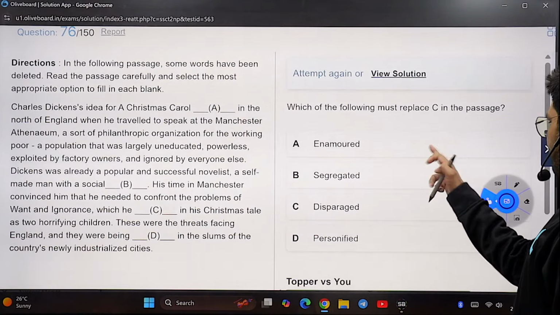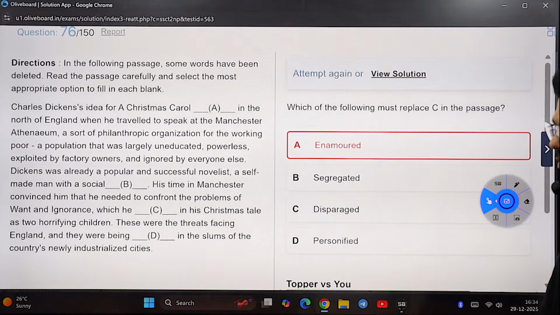Hirshab, have a look again. Let me help you.